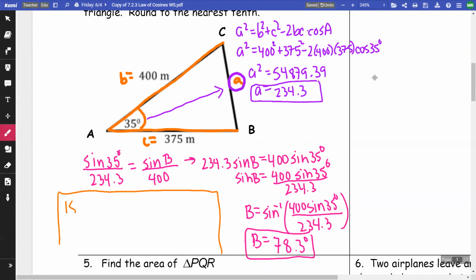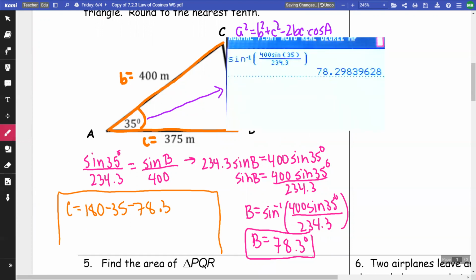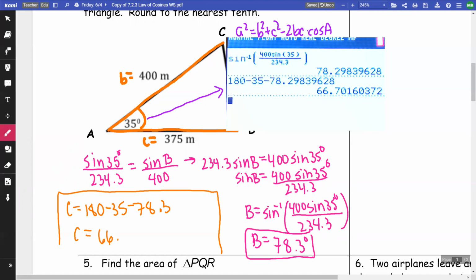I know my C is going to equal 180 minus 35 minus 78.3. And so 180 minus 35 minus this angle, and I get that C is equal to 66.7 degrees.